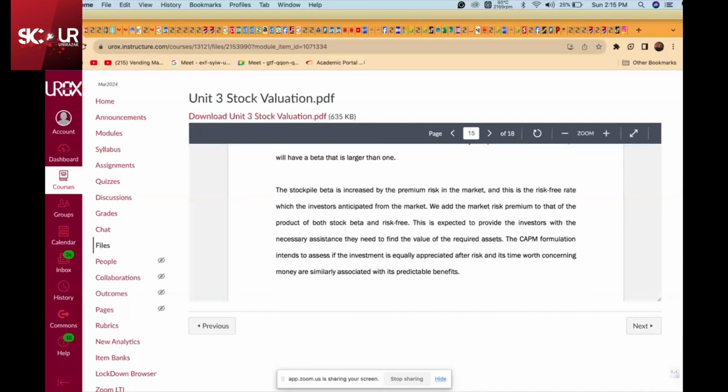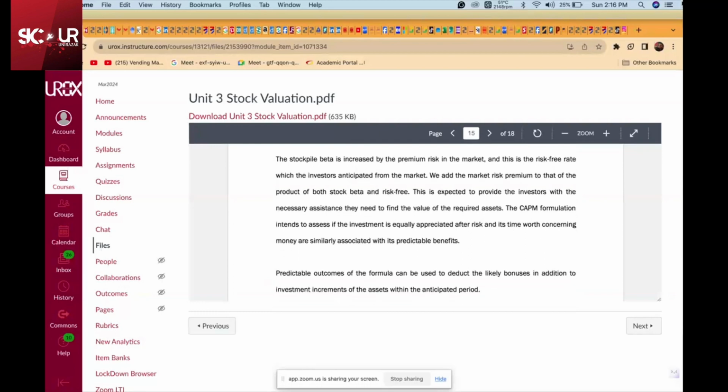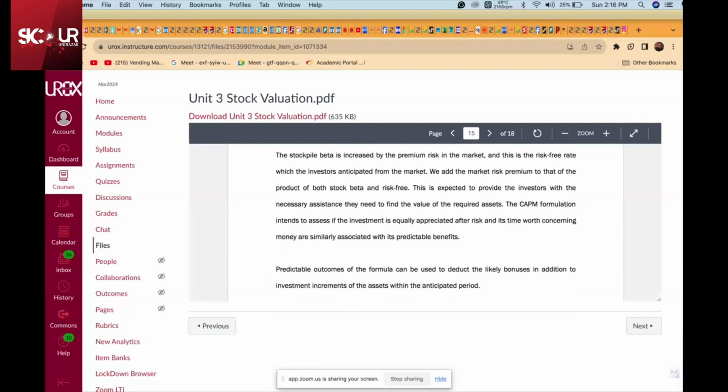So beta is multiplied by the market risk premium, and this is the return above the risk-free rate, which the investors anticipate from the market.